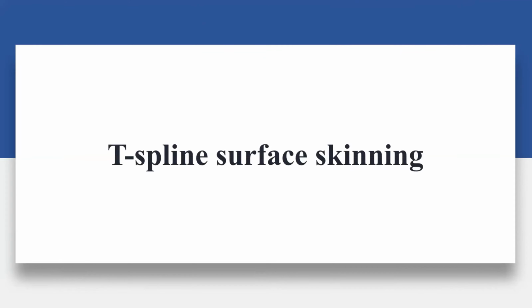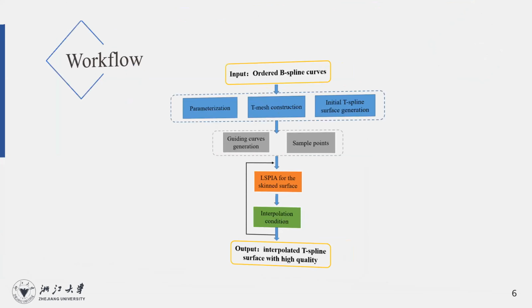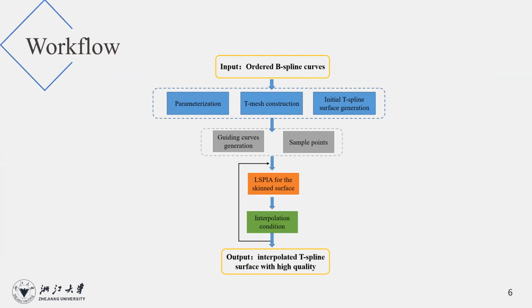Now let's see the workflow of the T-spline scaling method. The input to the algorithm is a set of ordered B-spline curves. Firstly, the given curves are parameterized by chord length to calculate the parameters in the longitudinal direction. The T-mesh and the initial T-spline surface are constructed.